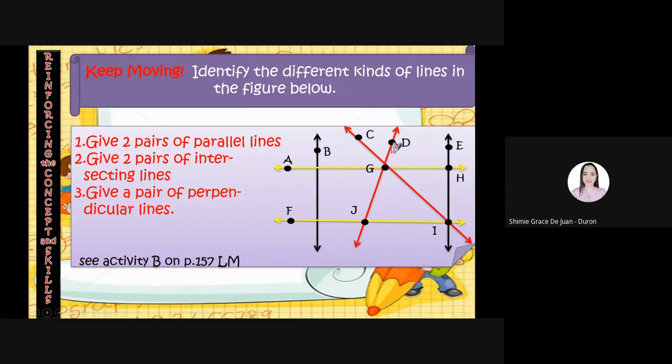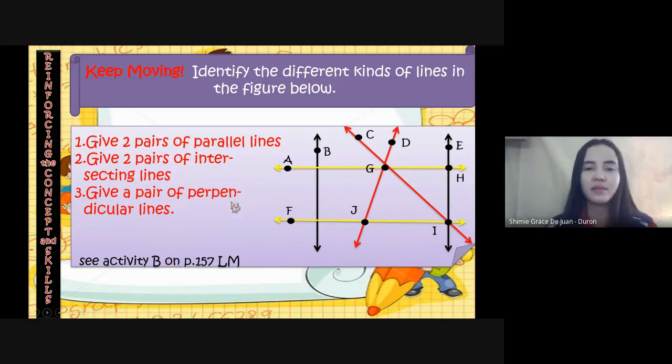What kind of line is that? So you will name the lines, okay? Like line AH and line FI. So you have to name like that. You may refer also to your learner's material on page 157 to answer this activity.